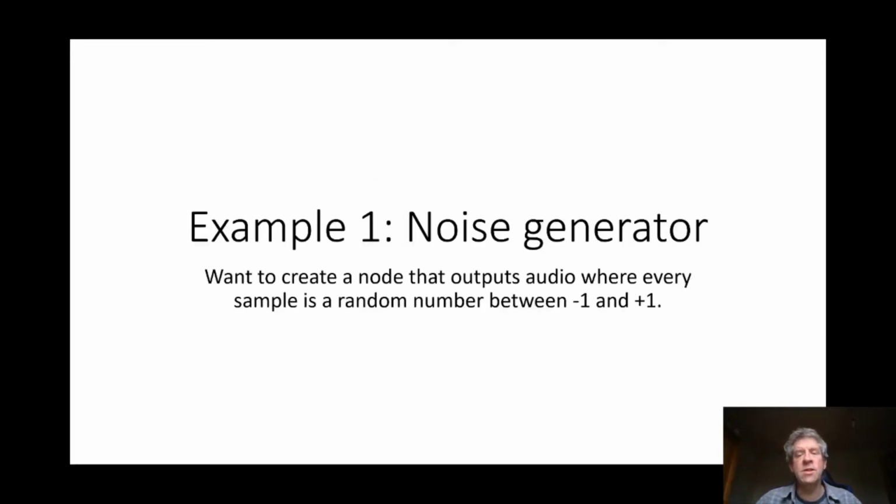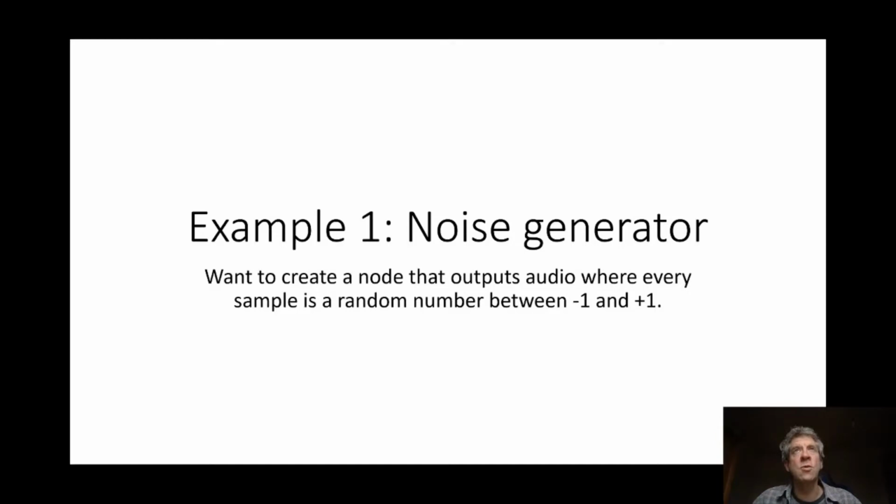So let's give an example. We're going to look at a noise generator. It's perhaps the first thing I noticed that felt like it was missing from the Web Audio API as soon as one starts working with it. So we have constant source nodes. We have oscillator nodes. Those are both scheduled sources.